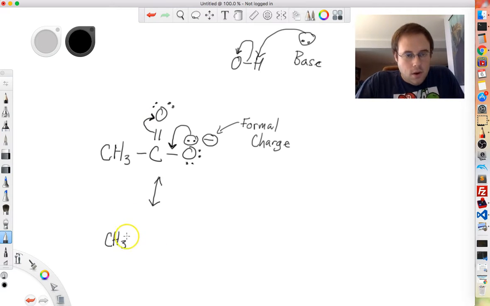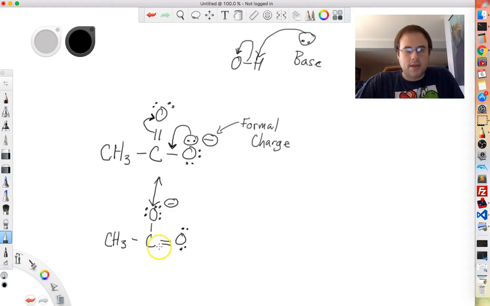Remember, carbon can only have 4 bonds at most, so I'm kind of sneaking in these extra electrons here. This would be the result, and the formal charge would be up on this oxygen.